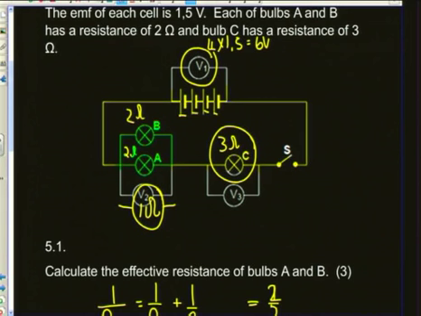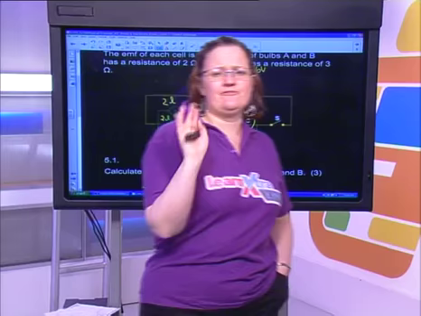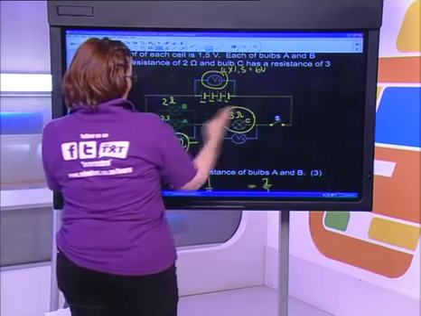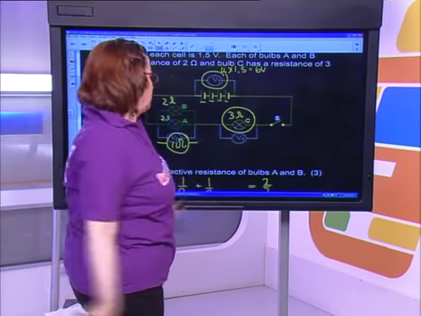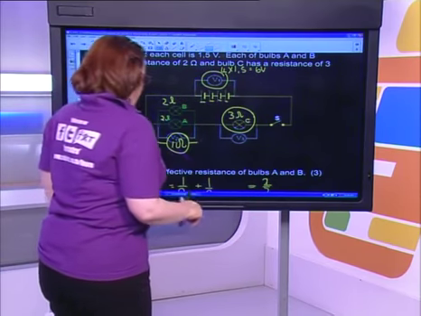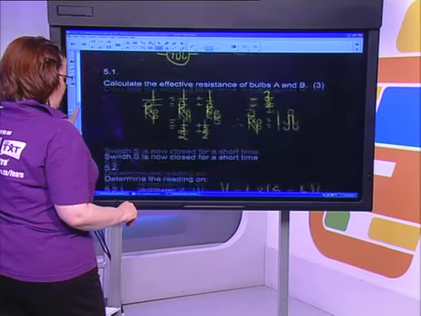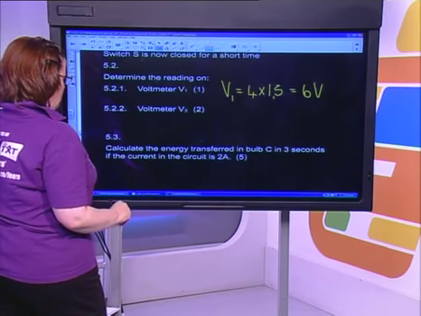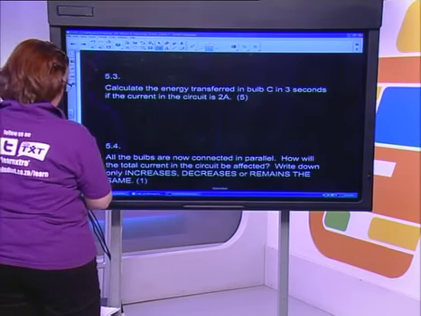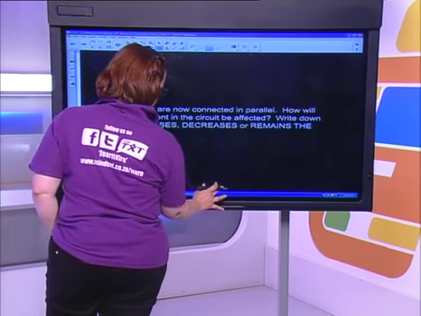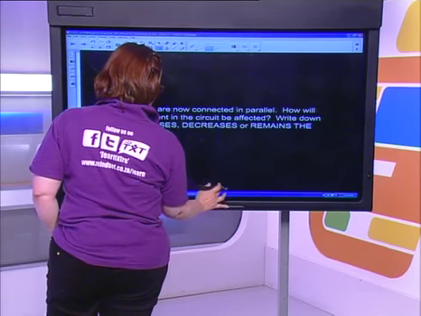Okay, you are more than welcome to use ratios. I just think it gets difficult, and the way this splits up, let's not even go there. So what we're going to do is work out the total resistance first of all. I'm going to do it at the bottom because I didn't leave myself enough space.